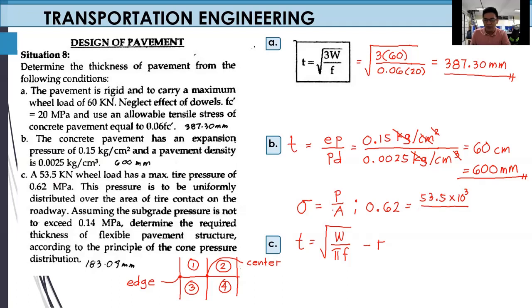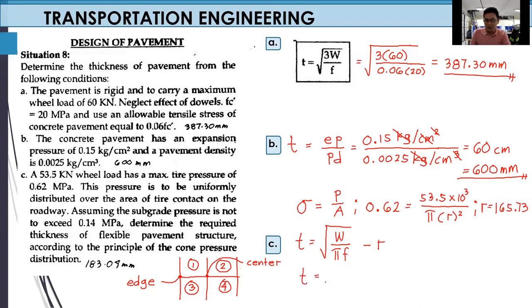The area of our tire is pi r squared. Using our calculator, we get the radius, which is equivalent to 165.73.